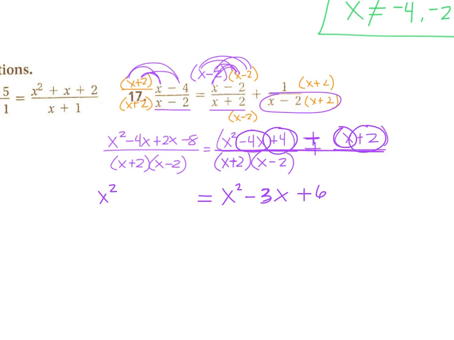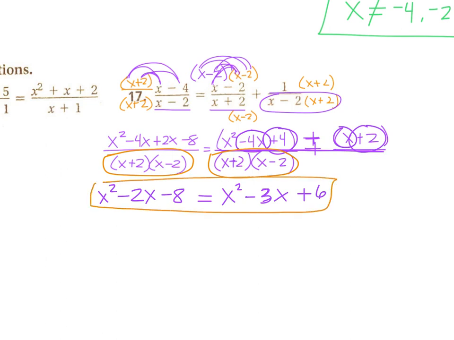Negative 4 plus 2 is negative 2x, and then minus 8. And now here's the deal, guys. Technically, we have a denominator here, but it's the same denominator, right? It's over the same thing, which means these two things have to equal each other if they're over the same thing. So I ditch that at this point and just solve for x right now.